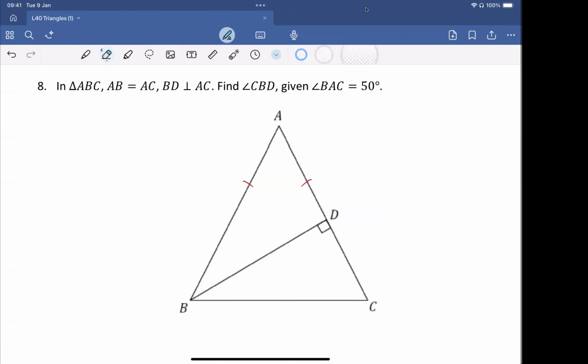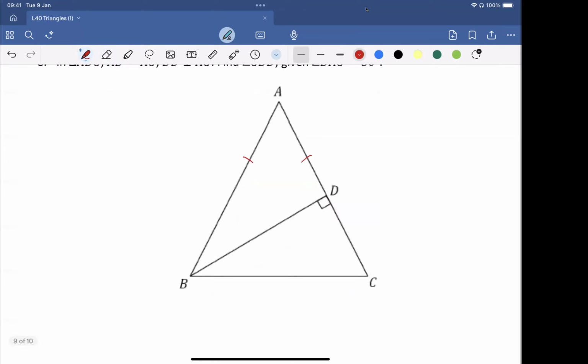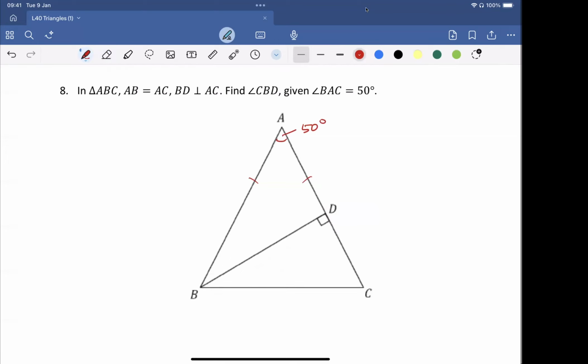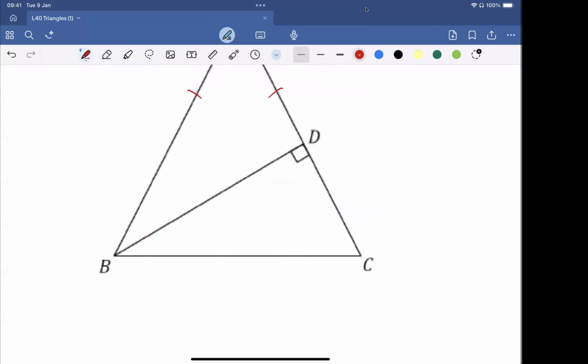Where is BAC? BAC, here, 50. If you know that this is 50, and if we know that it is an isosceles triangle, I'm pretty sure that you can find these two angles, right? They're asking you to find CBD. CBD is this.